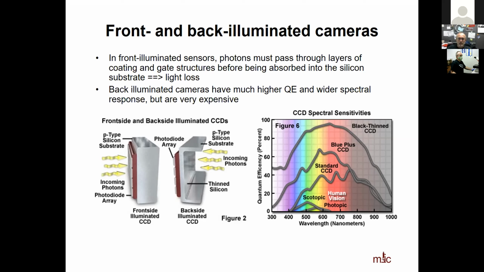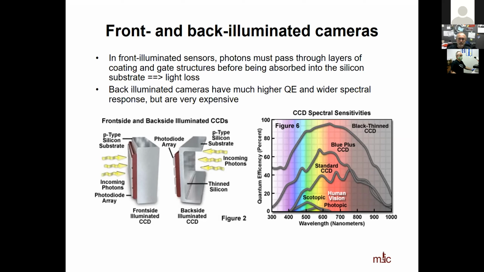On the front illuminated camera, you have the silicon substrate, and then you have some photodiode arrays and some circuits and everything else. So the incoming photons have to get through all of these circuits, and some don't give you any signal because they did not hit the photodiode.